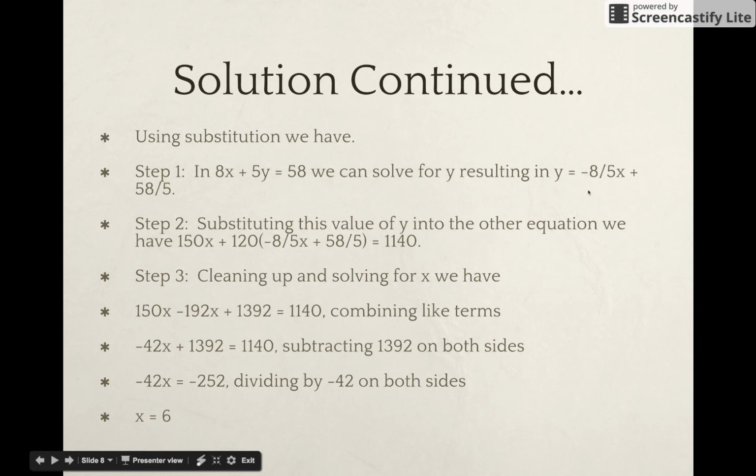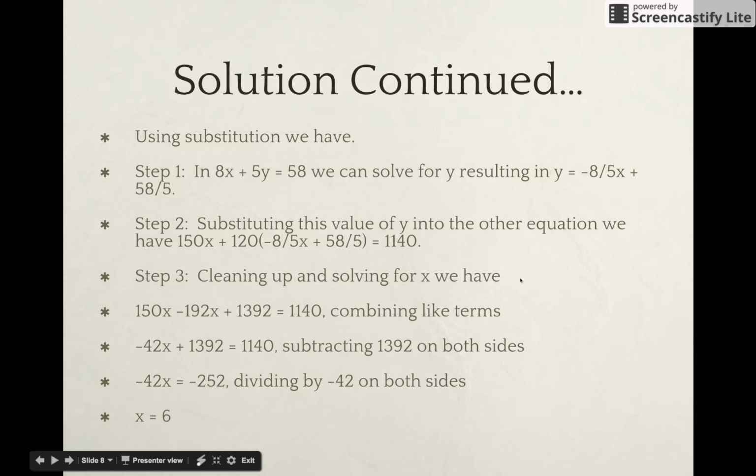We have negative 8/5 x plus 58/5. So our step 2, we will substitute that value of y into the other equation. That was our calorie equation, 150x plus 120y. But again, this is the same as y. And that should equal 1,140.